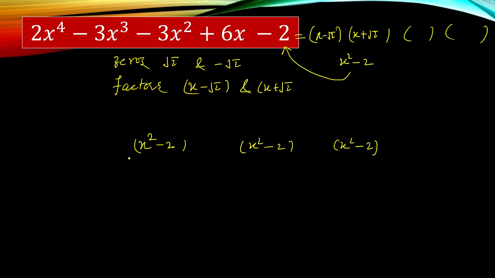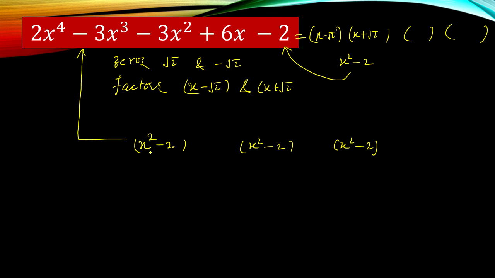Now multiply these factors by something to get the polynomial. We are going to multiply these x square minus 2's by something to get the polynomial again.